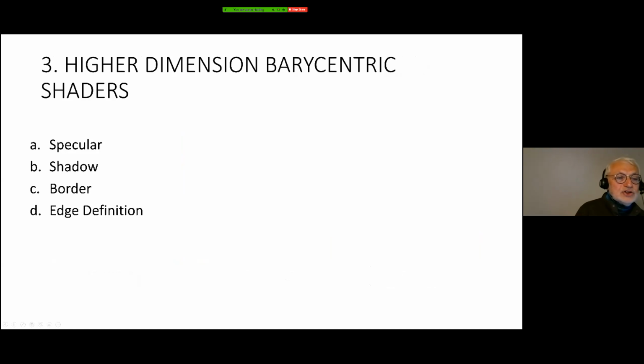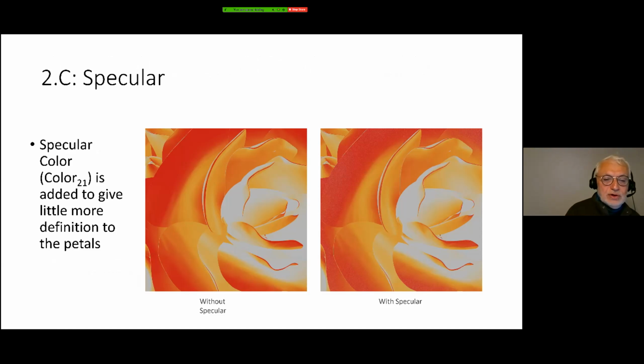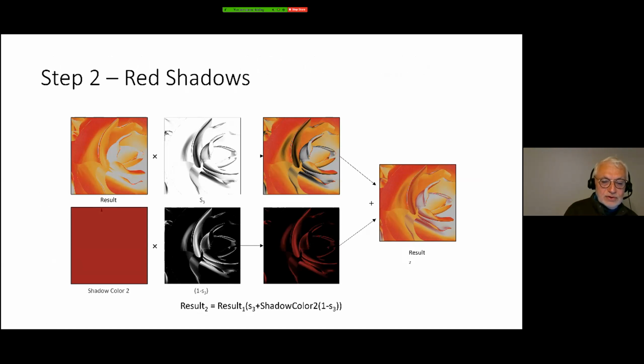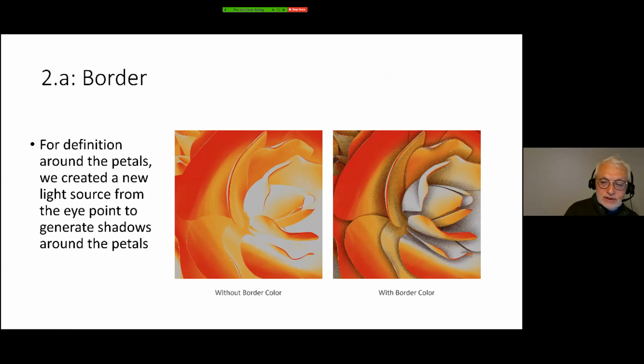Then we get each term, like the specular term. We made another barycentric formula for the specular term. Another term is the shadow color. Another term, border color. Border color we did a slightly different way: from the eye, we shoot rays, and from that we understand where this position is on the shadow according to the eye position, and then we randomize it.